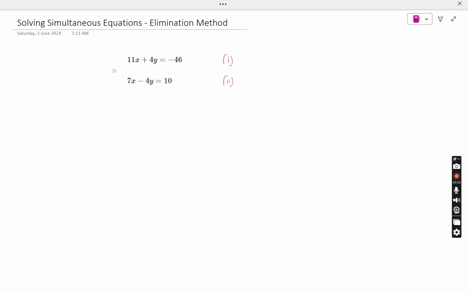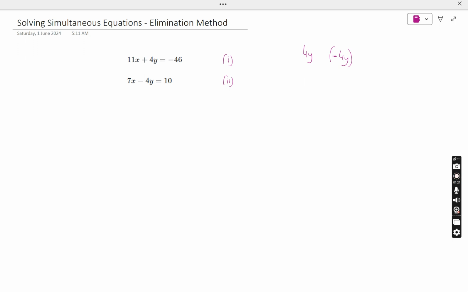Now the next step is, anytime you're doing the elimination method, you're either going to be adding both equations together or you're going to be subtracting both equations. So if we focus in on the 4y, in equation 1 I've got a positive 4y, and in equation 2 I've got a negative 4y, and I'm going to put that one in brackets.